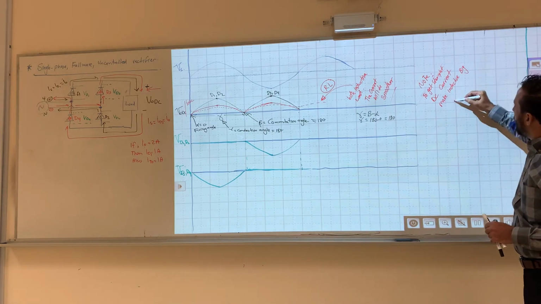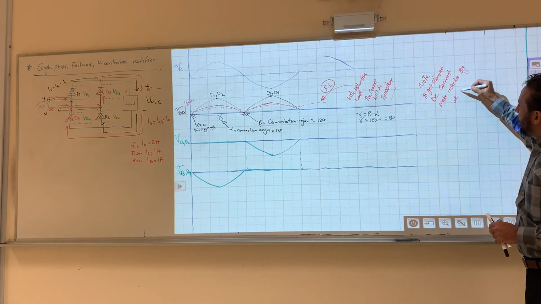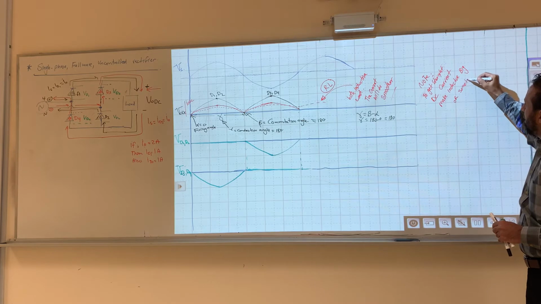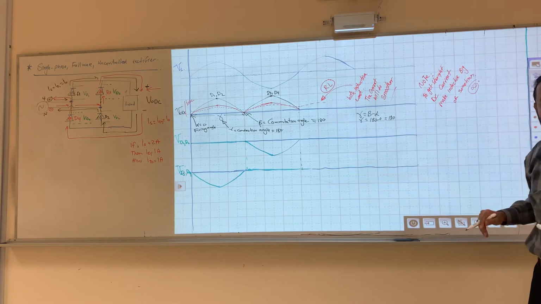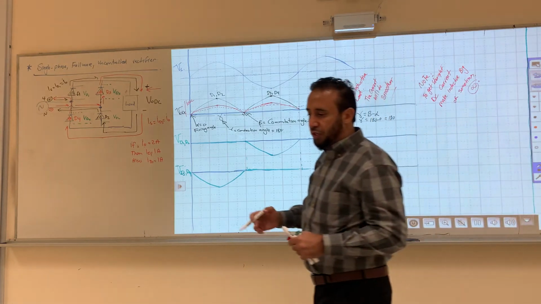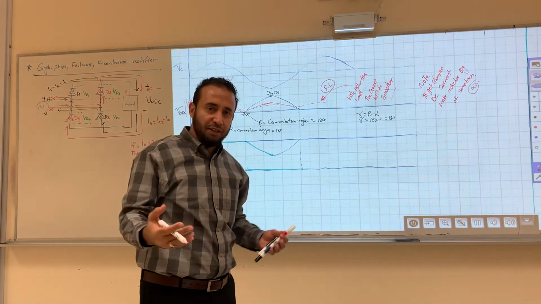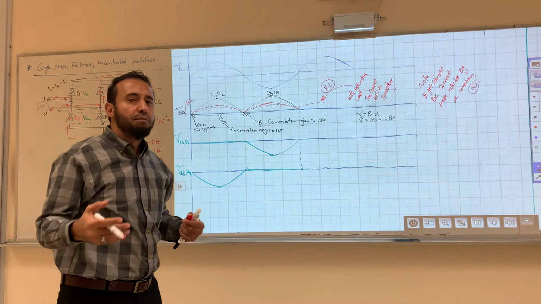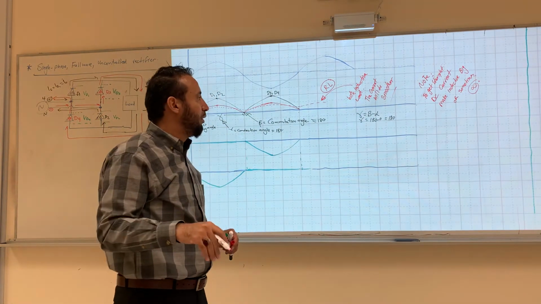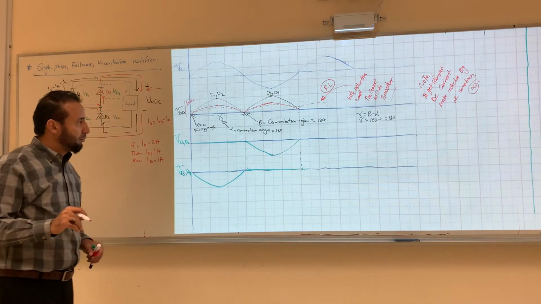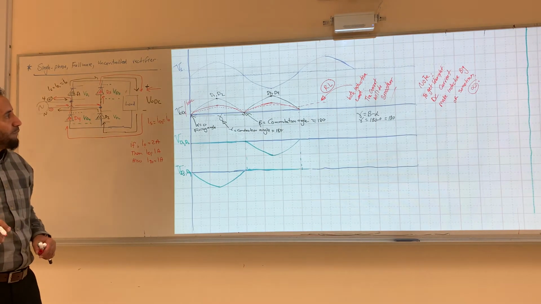Or sometimes we say infinity. So if a question comes to you saying assume that the inductance is infinity, it means that they're telling you that the current is straight DC. You make it straight DC. Okay.